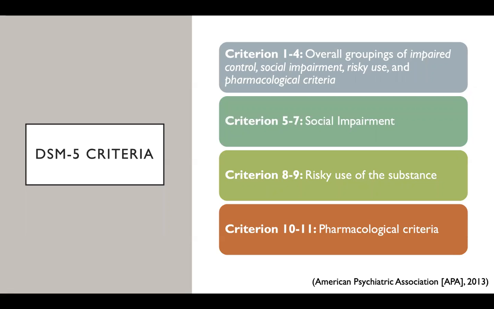Some of the diagnostic criteria for substance use disorders include using in larger amounts or for longer than intended, wanting to cut down or stop using but not being able to, cravings, continuing to use even when it causes problems in relationships, continuing to use even when it puts you in danger, and increasing tolerance and withdrawal symptoms. This is not an exhaustive list of criteria, but if you want to look at each criteria in more detail, I encourage you to look at the DSM-5.